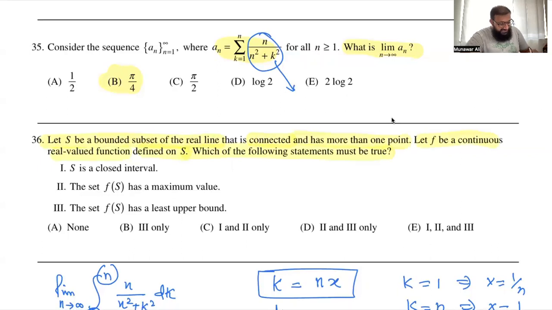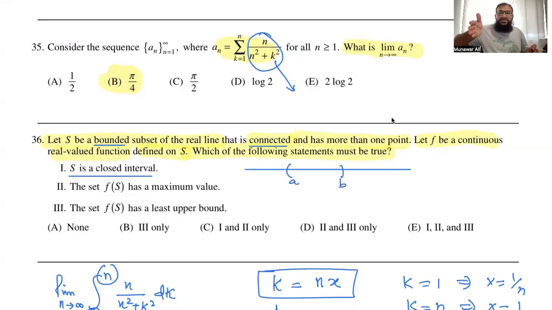So look at the first statement. It says that S is a closed interval. In the statement, it is given that S is bounded and connected. So if I take the real line, if I take an interval from A to B, let's say this is an open interval, this is bounded because it has some sort of upper bound.